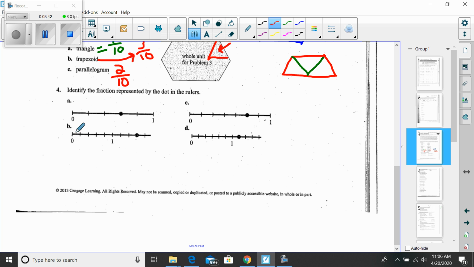So notice in this case, in 4b, 1, 2, 3, 4, 5, that means that each of these spaces is 1/5. So if I want to find the value of this dot, well, I have 1 and 1/5, 1 and 2/5, so this would be 1 and 3/5. So again, we are relative to where we put the whole.